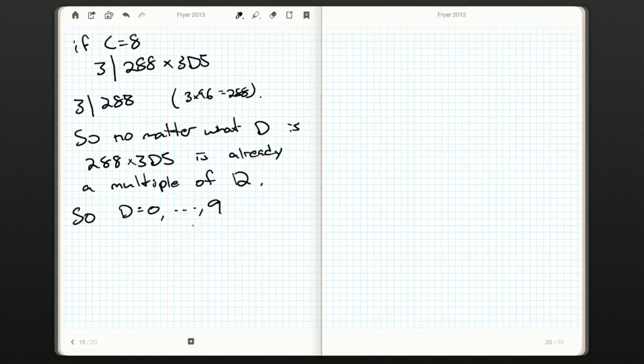So d can be any value from 1 to 9. It really doesn't matter. Pick one at random. Let's say 7. 375 times 288 is 108,000. Is that divisible by 12? You bet it is. That's 9,000 times 12.